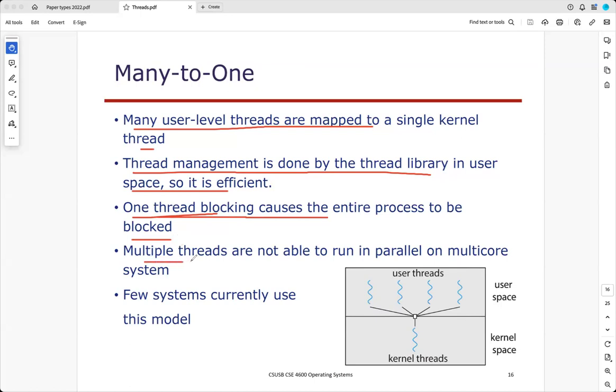Also, multiple threads are not able to run in parallel on multi-core or multiprocessor architecture, because in the kernel, there's only one thread. So almost no operating system currently uses the many-to-one model.